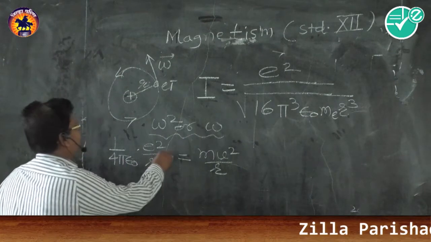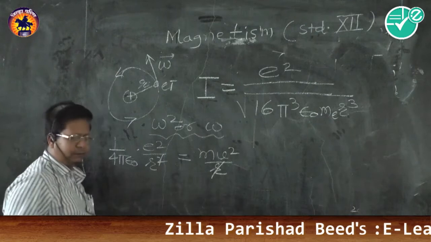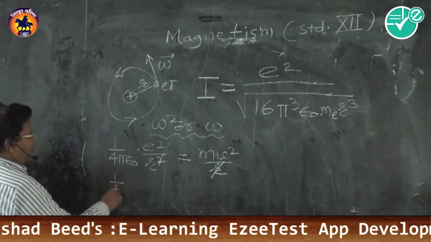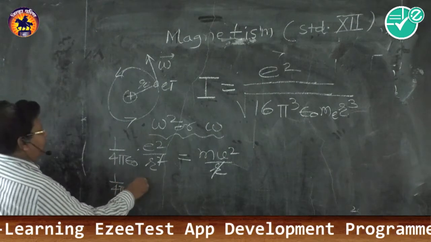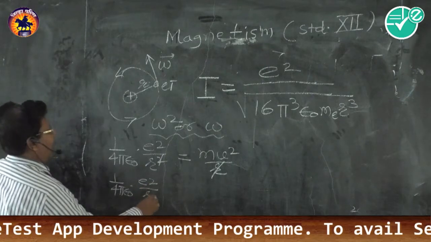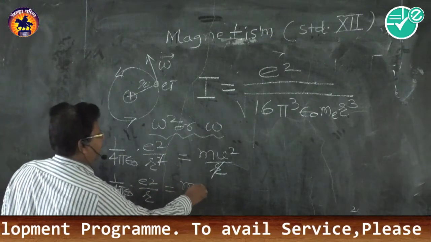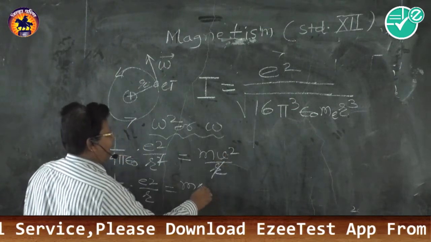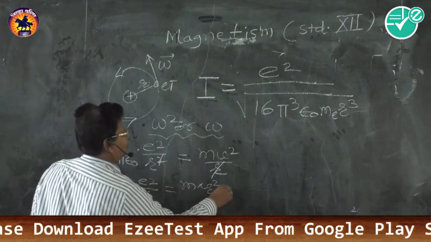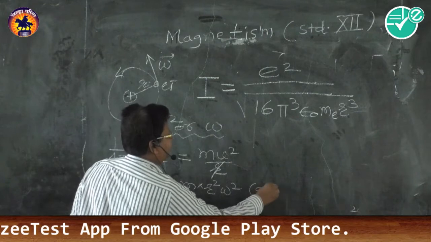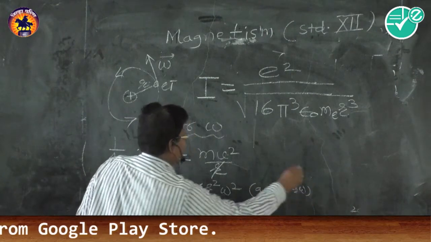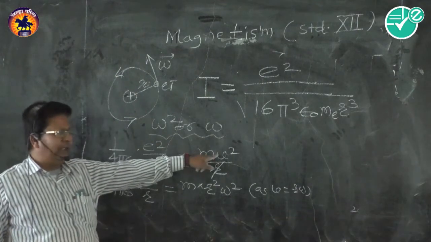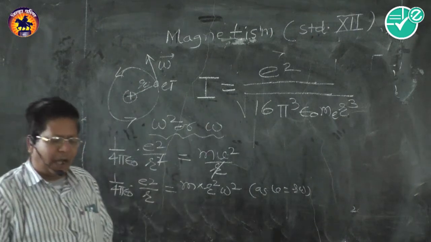Now in this case, this one r gets cancelled with this r. And in the next step, we write again 1 upon 4 pi epsilon 0 e square divided by r, which is equal to m into v, as we know that this v is equal to r omega, so r square into omega square. Here we write v is equal to r omega. So in the first postulate equation, we substitute the value of v, which is equal to r omega.